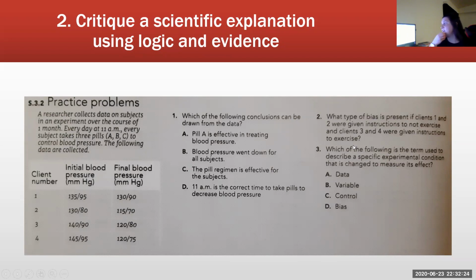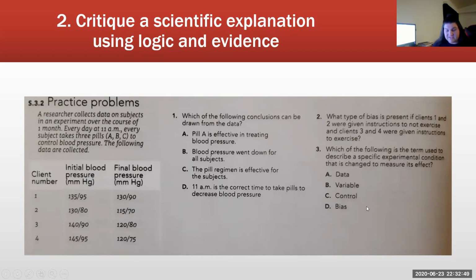Which of the following terms is used to describe a specific experimental condition that is changed to measure its effect? Data, variable, control, or bias? Option B is correct. The condition that is changed to measure its effect is the variable. That's specifically the independent variable, because the data is just the outcome.